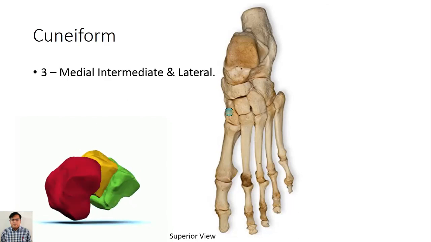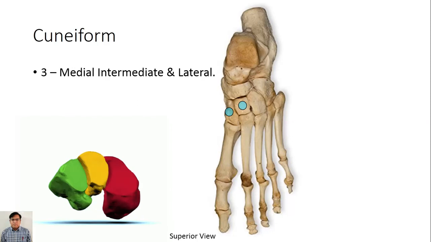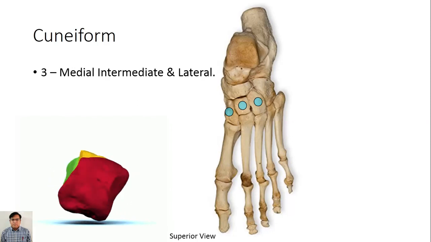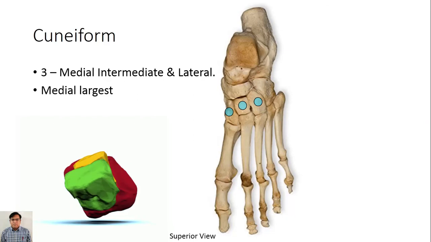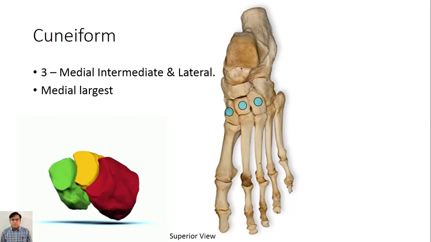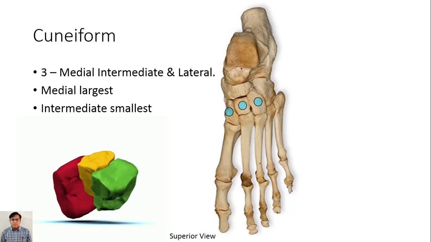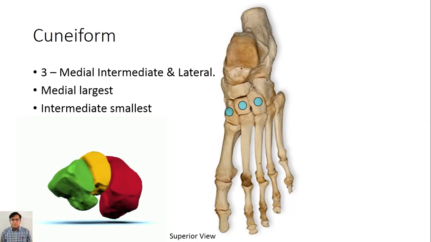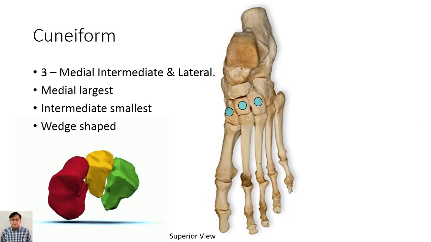So, this is medial, this is intermediate and this is lateral. The medial one is largest, so the red bone is medial, and the intermediate is smallest, yellow is intermediate, and the green one is the lateral cuneiform.